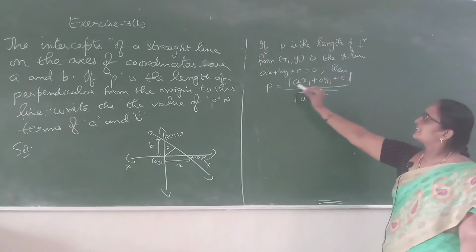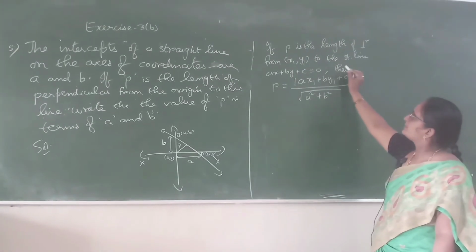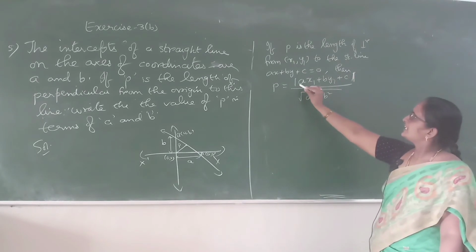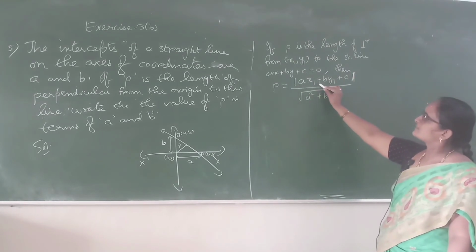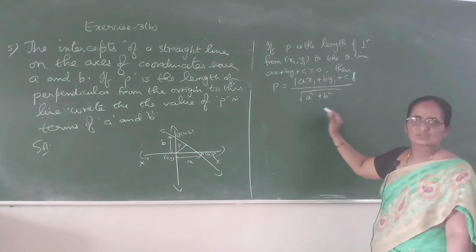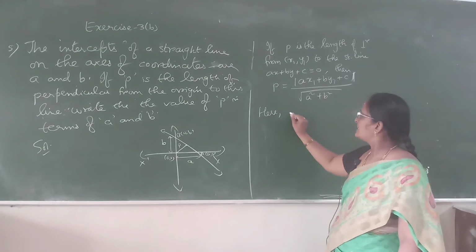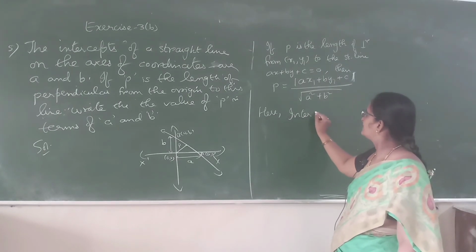So if P is the length of the perpendicular from x1 comma y1 to the straight line ax plus by plus c equal to 0, then P is equal to modulus of ax1 plus by1 plus c by root of a square plus b square. So now here we are taking intercept form of the straight line.